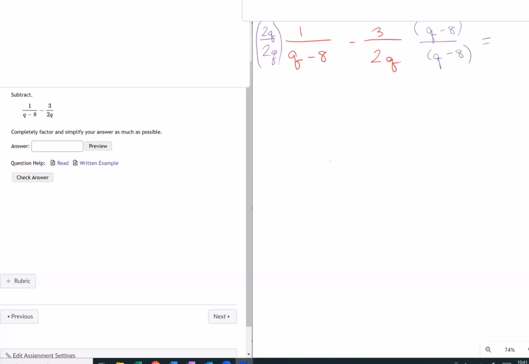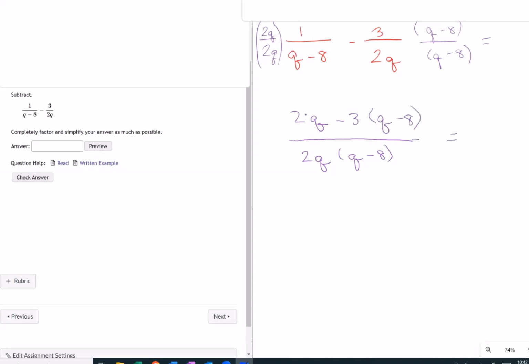Here we get 2q over 2q times q minus 8. The right-hand side is also going to be the same. I can say minus 3 times q minus 8.